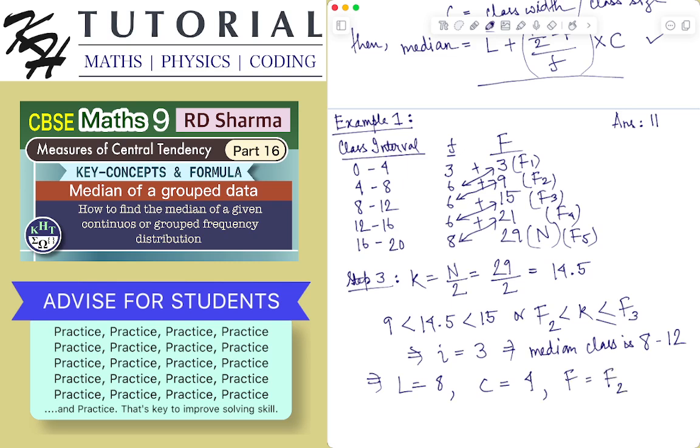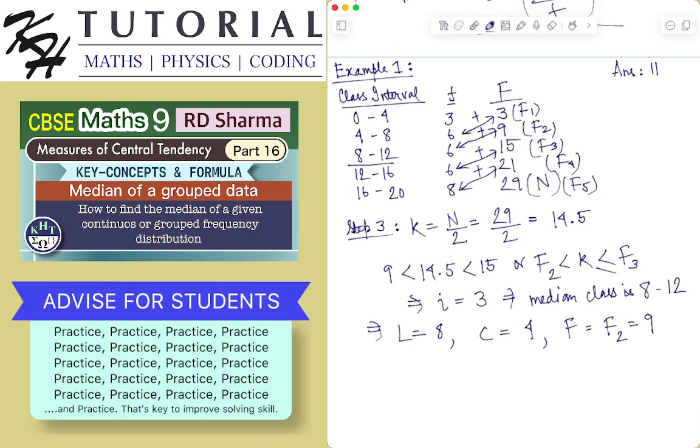That is the less than cumulative frequency of the class immediately preceding the median class. The median class was 8 to 12, so the class preceding the median class is 4 to 8, and its F value is 9. So capital F is 9.